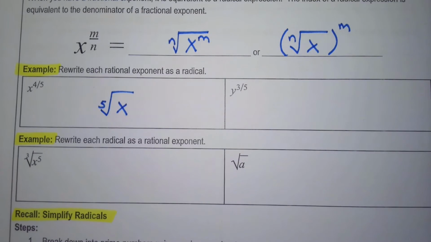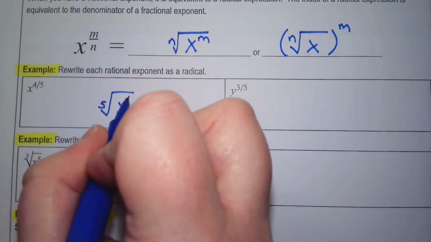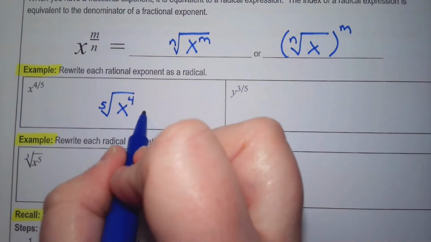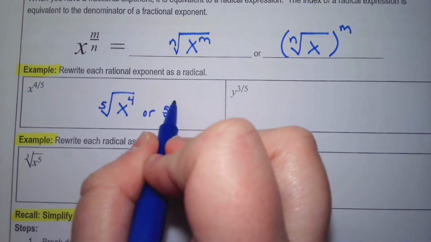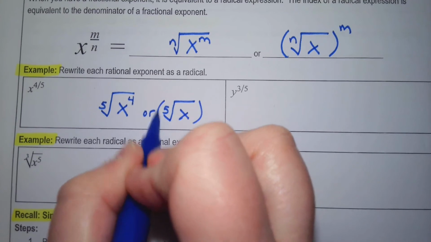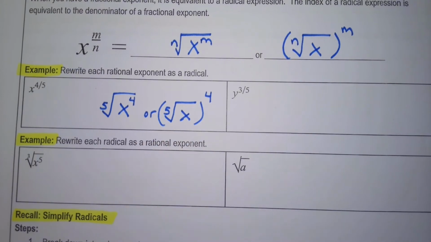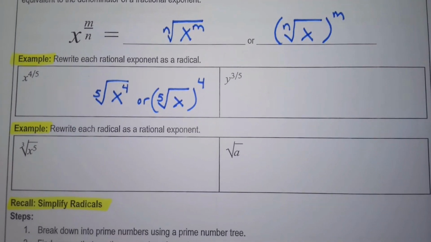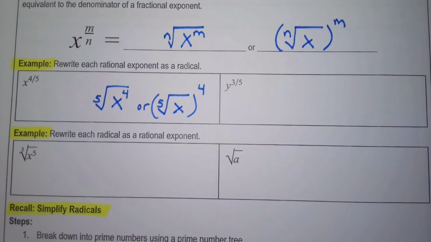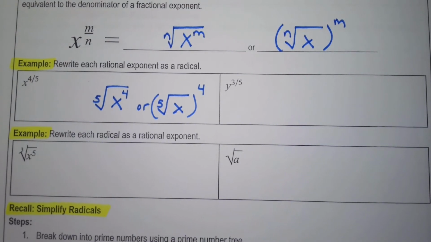And now you get to make the choice of where you want to put that 4. Do you want the 4 to stay inside with the x? Or you can have the 4 on the outside. If you choose to put the 4 on the outside, you have to make sure you put parentheses. That's the only thing you have to make sure you do if you put the top number, the numerator, on the outside.